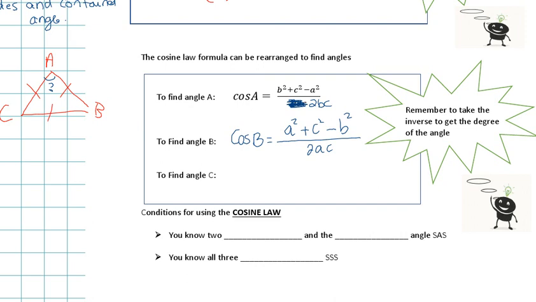And cosine C is A squared plus B squared minus C squared over 2. Could you have started with B squared plus A squared minus C squared? Yeah. You can't start with a C because that's A.